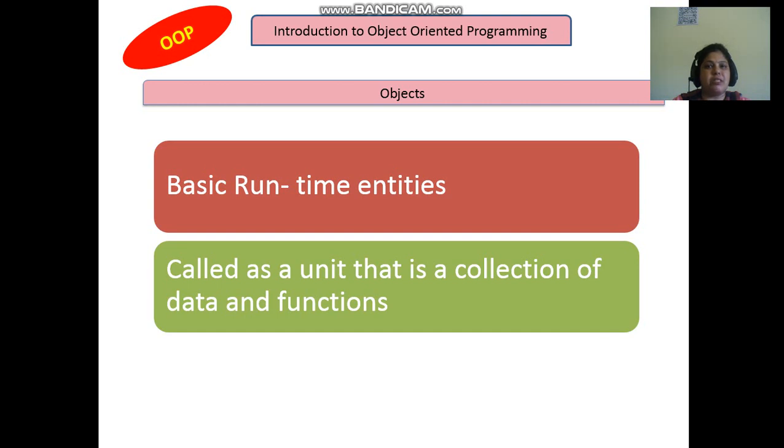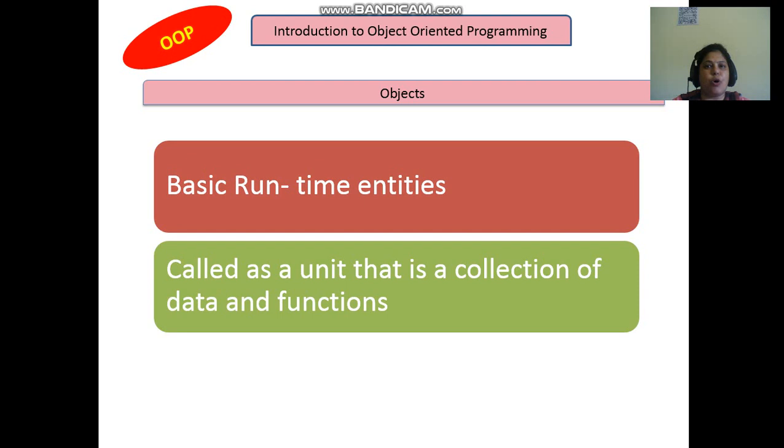Every data element in the computer takes space inside the memory, but that can be either at runtime or at compile time. That means when it is active, only at that time is it taking the space inside the memory. So that is known as a runtime entity.